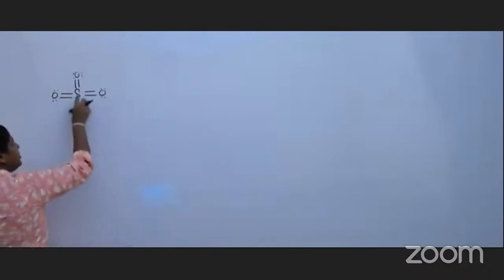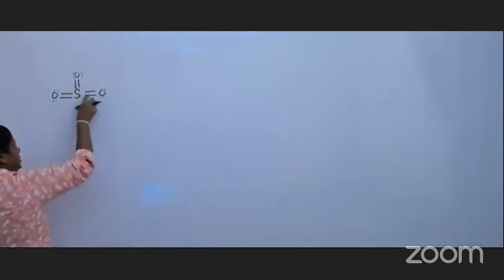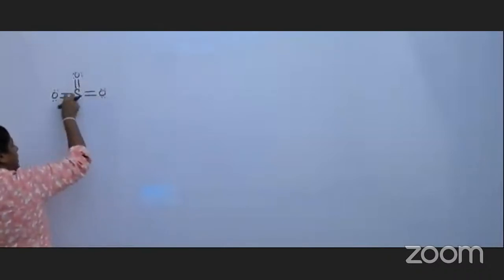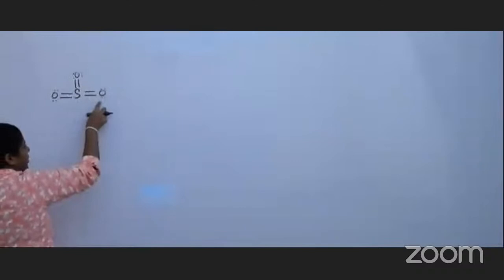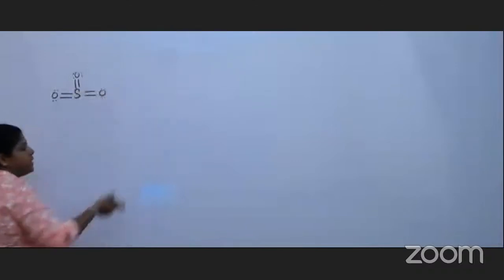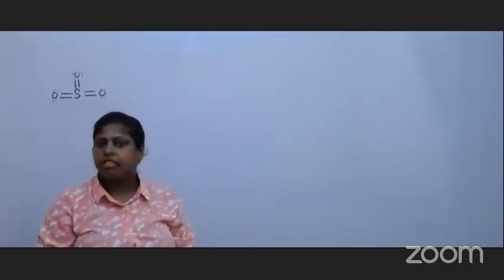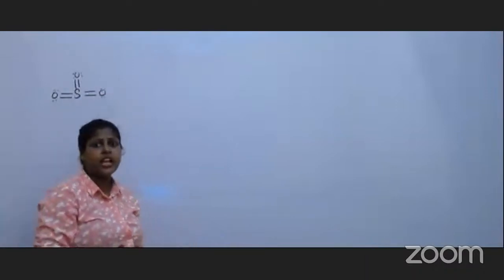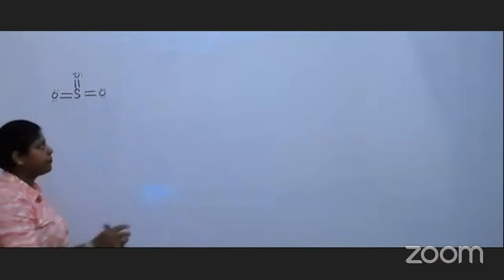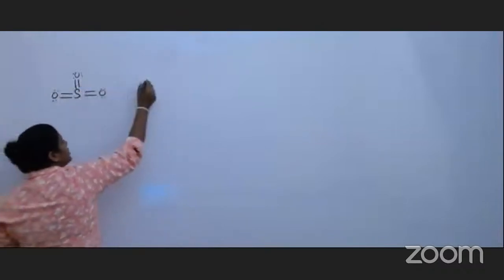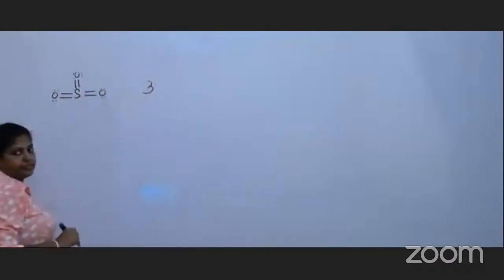So it has 3 double bonds, 1, 2, 3, in between sulfur and oxygen atoms. So one double bond is considered as 1 VSEPR. Therefore, total VSEPRs around the sulfur atom are 3.